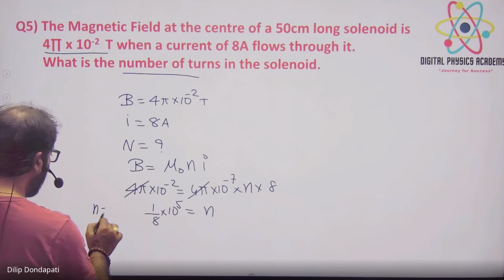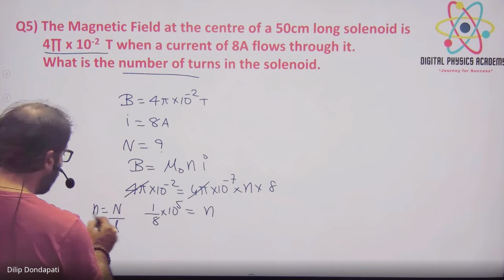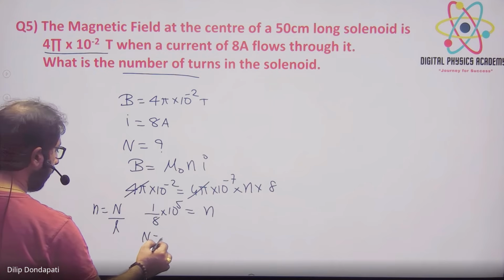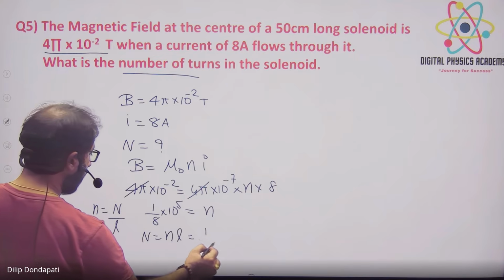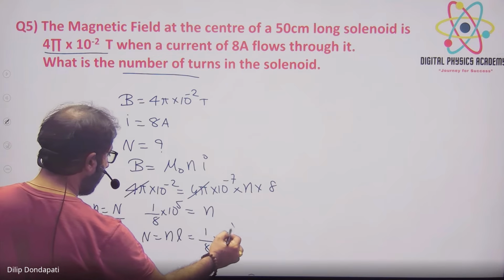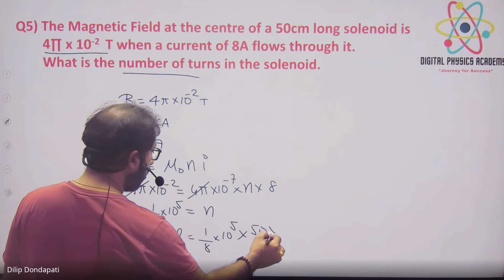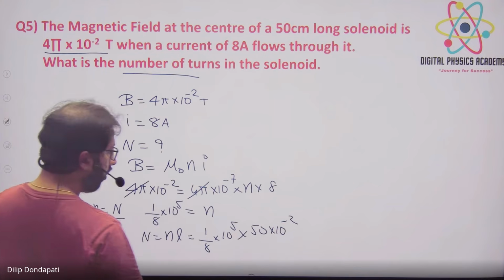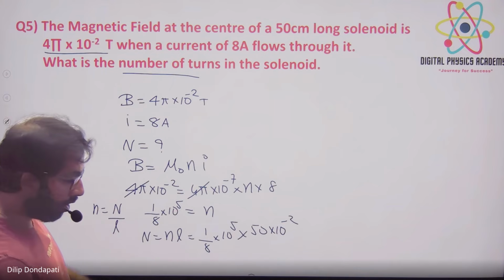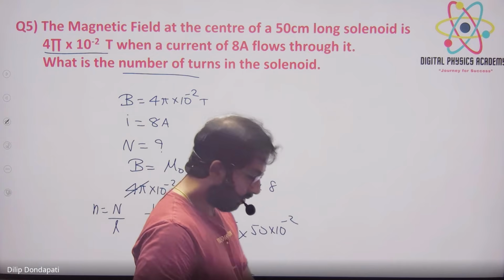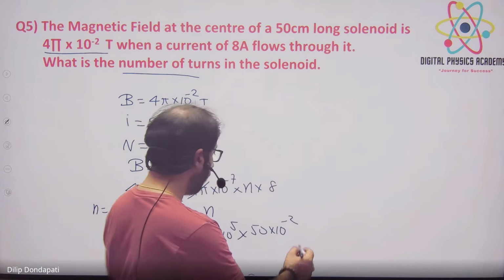So capital N is equal to n into L. So 1 by 8 into 10 power of 5 into L, the given length, which is 50 centimeters, so 50 into 10 power of minus 2. If you solve, you will get 6250 turns.